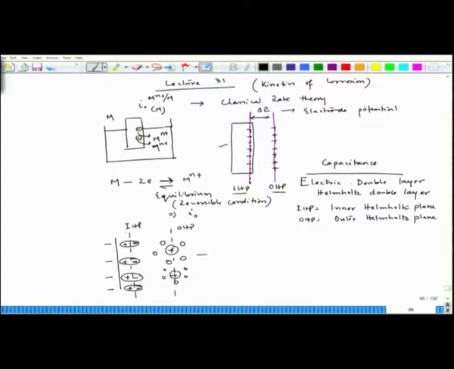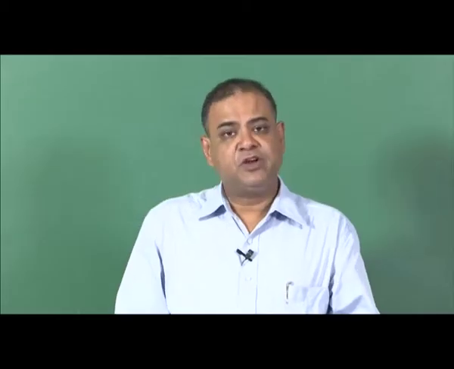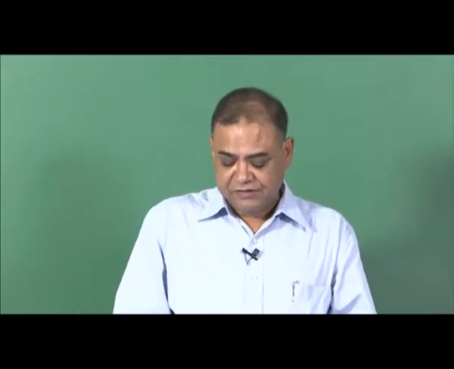But this is an advanced level of consideration of the surface. We would stay with the preliminary consideration of the double layer, which is the Helmholtz double layer, where we do not consider this solvation or the polar water molecules distributing close to the charged metal surface depending on its charge.